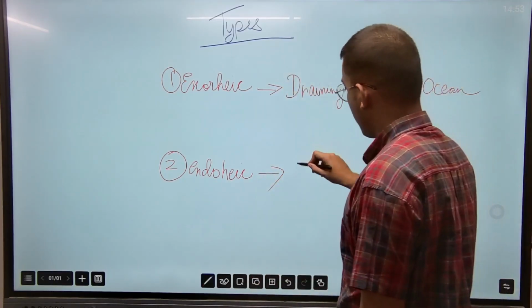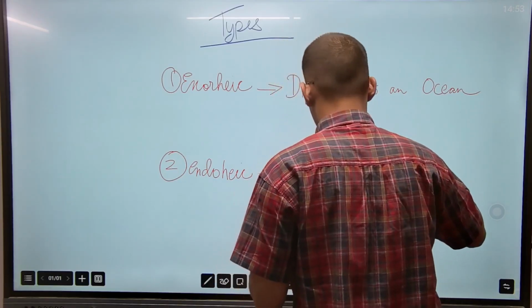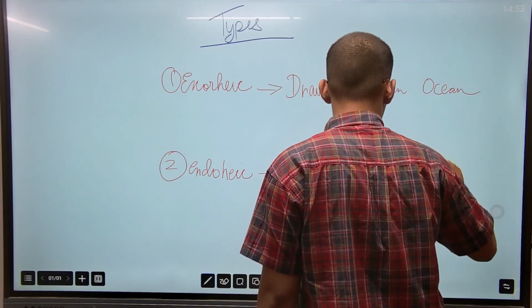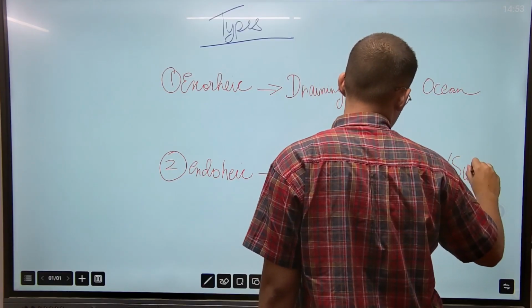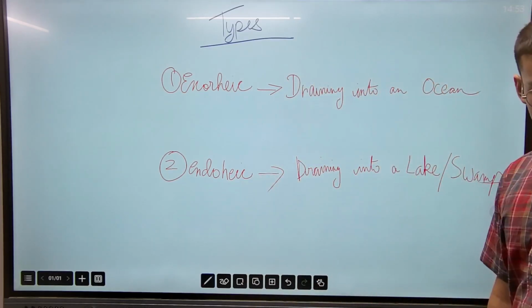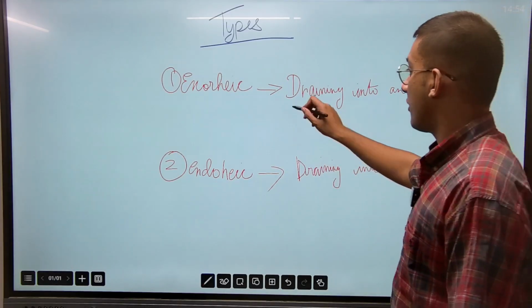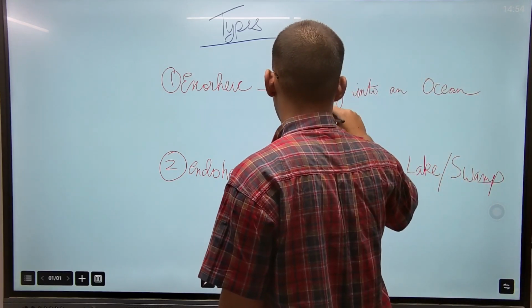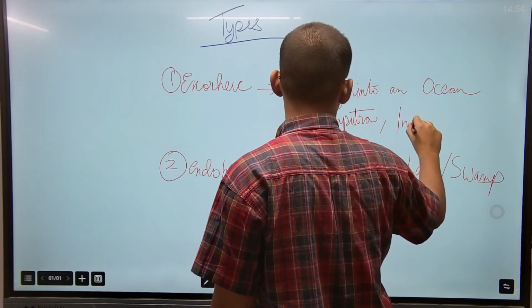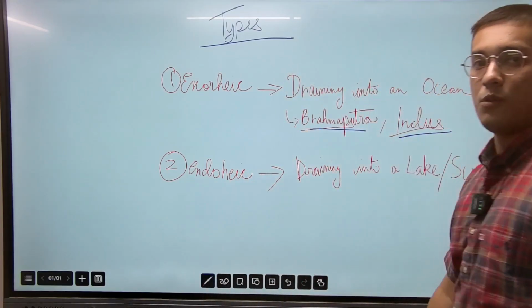Endoreic is when a river drains into a lake or a pond, a lake or a swamp. So what will be the example of exoreic? Our river Brahmaputra, river Indus. These rivers flow into an ocean, right?